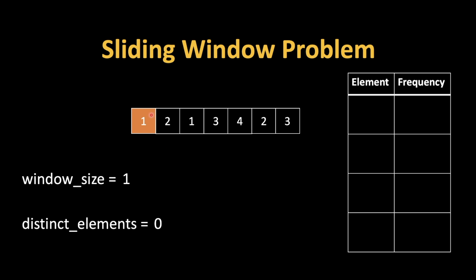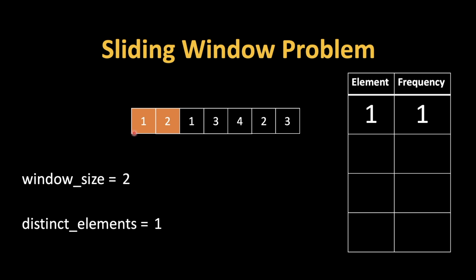Okay, so we will check whether 1 is in the map or not. 1 is not in the map, so we will put 1 here with the frequency 1, and we'll increment the distinct elements. And we need to make a window of size 4, so we will take another element which is 2. Now the window size will be 2.